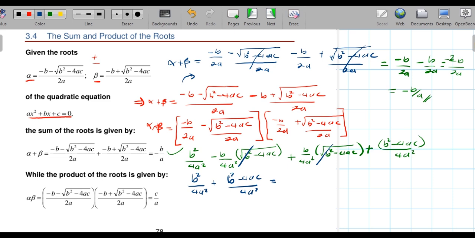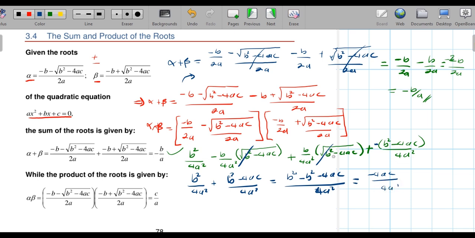Which is equal to what? Remember, this is minus here, because the minus is outside the square root. So this b squared minus b squared minus 4ac divided by 4a squared is going to be equal to plus 4ac divided by 4a squared.